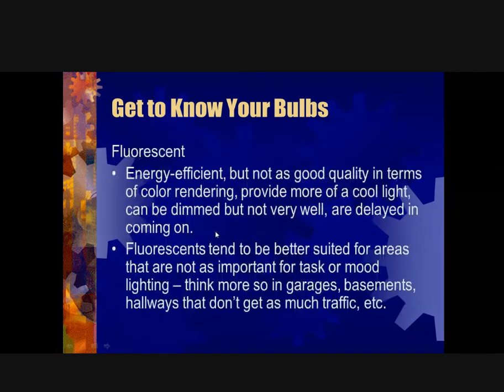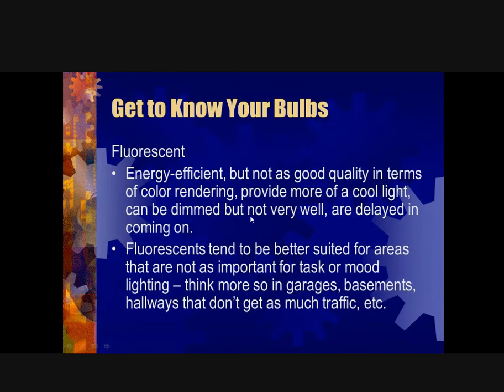When we talk about the fluorescent lamp, or the compact fluorescent lamp, they are energy efficient, which is why we call them energy saver bulbs. But not as good quality in terms of color rendering. The filament lamp will have better color rendering. They provide more of a cool light.